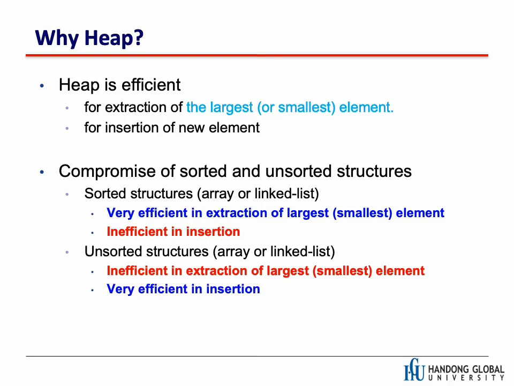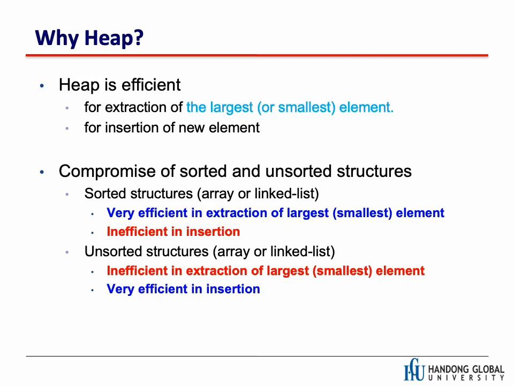But unsorted structure is really efficient in insertion. This one is not sorted, so nobody cares. When we insert a new node, put it anywhere you want. It doesn't matter because it's not sorted anyway. So finding the largest element is not that simple, but insertion is really simple.